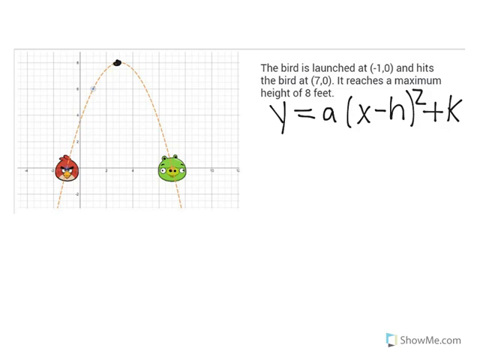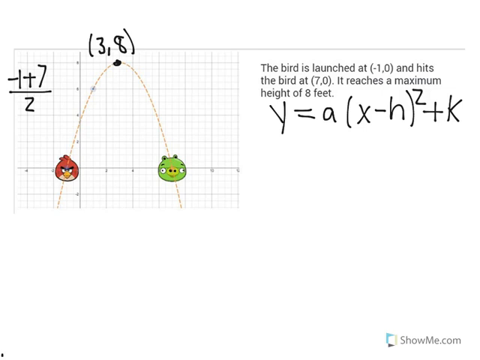If I take a look, we're looking for the middle between -1 and 7, which happens to be 3. And we know that the maximum height is 8. The reason I got 3 is I took -1 plus 7 and divided by 2. -1 plus 7 is 6, divided by 2 is 3.